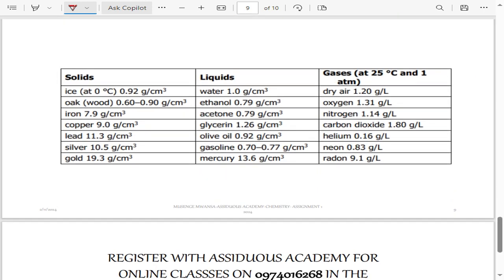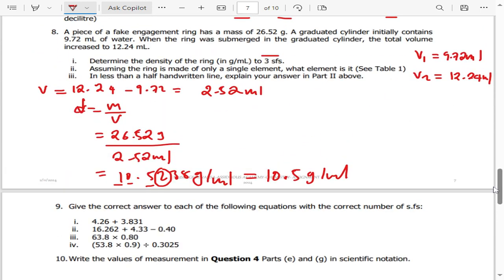So we'll go on this table, the density of 10.5 grams per mil. Now, if you look at the densities given in this table, they are densities in grams per liter, not per mil. So if you convert this density, 10.5 grams per mil, to grams per liter, just multiply.